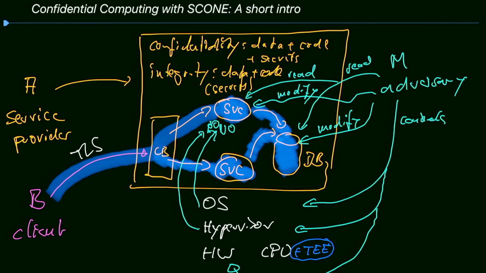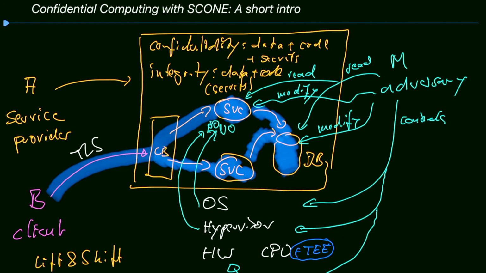SCONE provides a so-called lift and shift approach. It provides the possibility to take existing binaries and execute them inside of enclaves. Moreover, it can ensure that all the services that are part of the application, like here we have two services, know each other, they can attest each other transparently, and also that the data that is stored in the file system is transparently encrypted and decrypted when it's read.